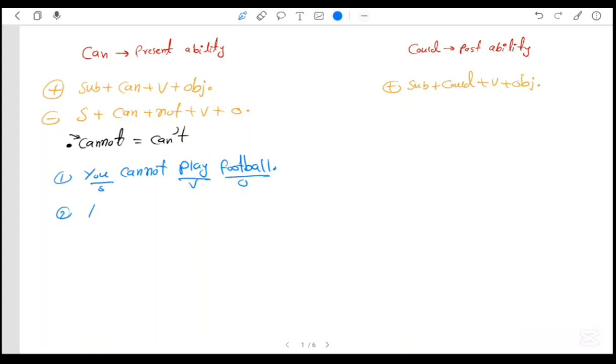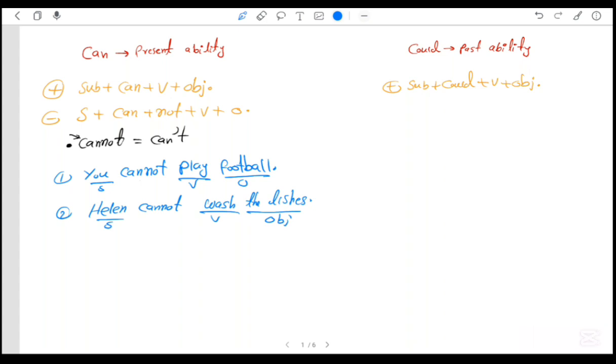Another sentence, I'm going to write a name: Helen cannot wash the dishes. First, we have subject, verb, real form of the verb, and an object. It means that Helen is not able to wash the dishes. Maybe her hand is broken, or she's sick, or she's not at home.